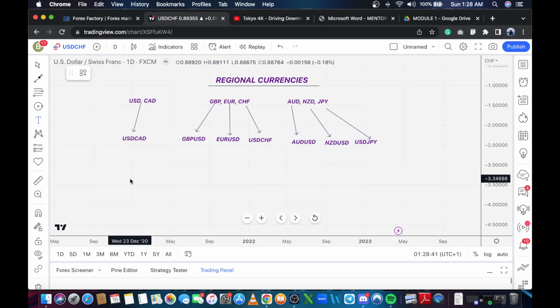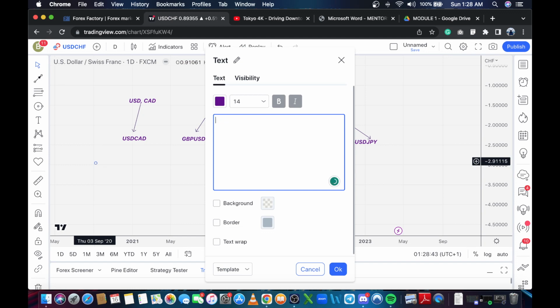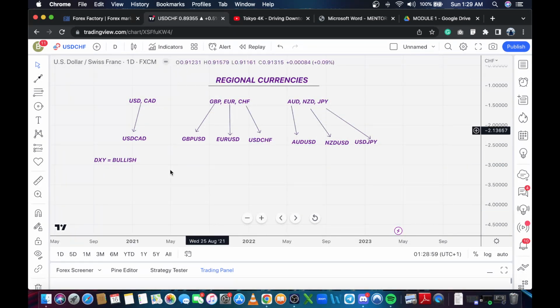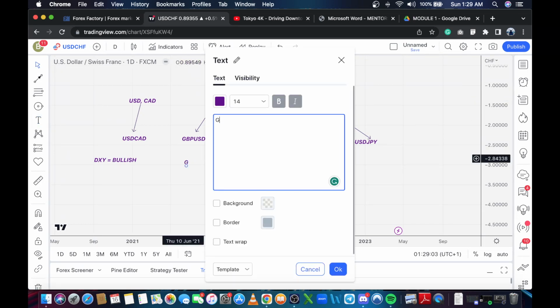Okay, so we have, if dollar is bullish, so dollar is DXY, if dollar equals bullish, then the natural delivery should be GBP/USD, Euro US dollar, Aussie US dollar, NZD, that's New Zealand US dollar.